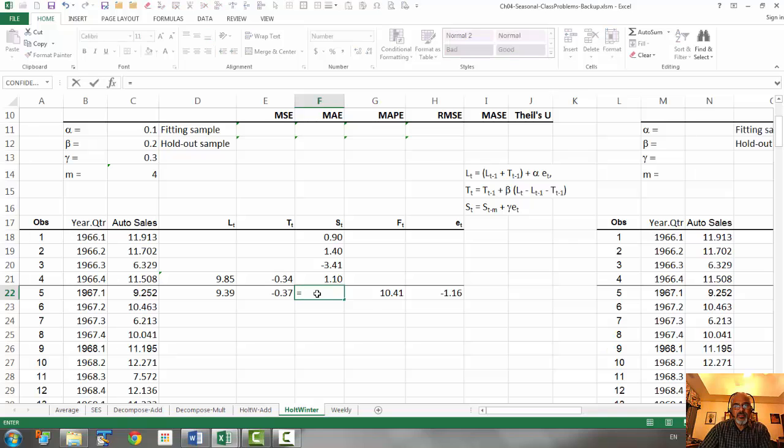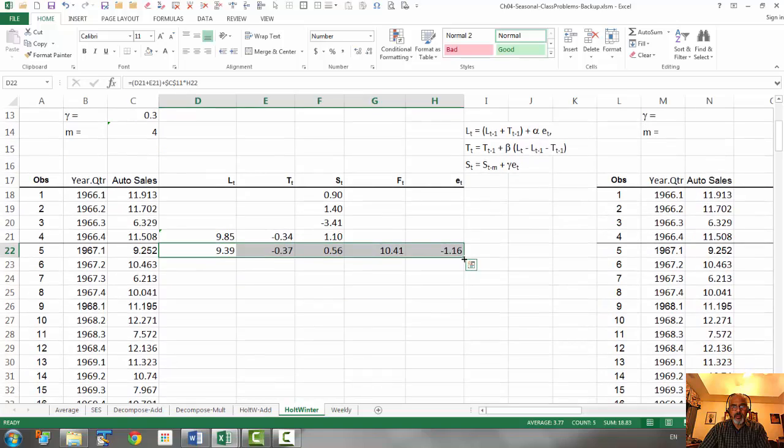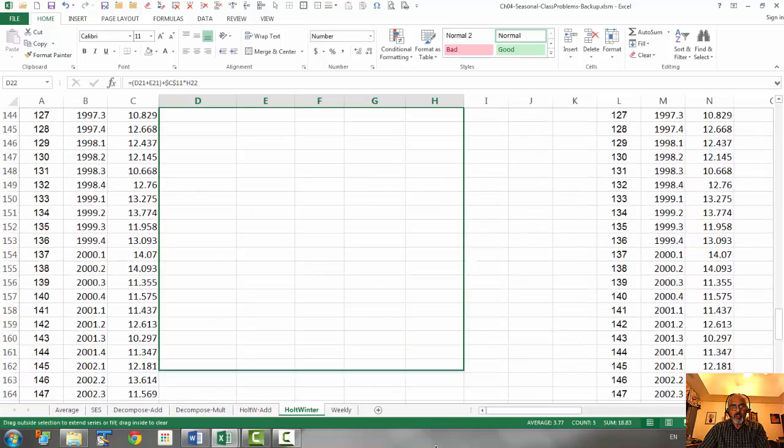Seasonal index, go back all the way to the same season in the previous cycle, plus gamma, absolute reference that, times the error. That sets up the smoothing values. Once we have set these up, we can copy all of that all the way to the end.